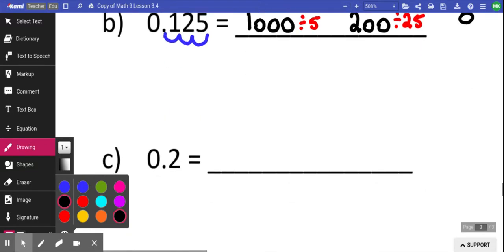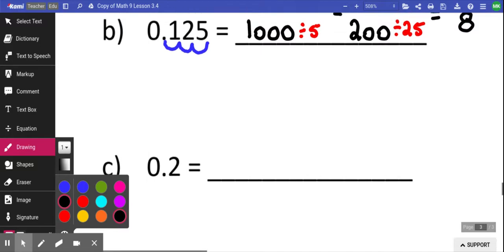So for instance, if we had 0.2, to turn it into a fraction, I would move the decimal one spot over. That means I need to divide by 10. On the top would be the number 2. Those are two numbers in which I could both divide by 2.